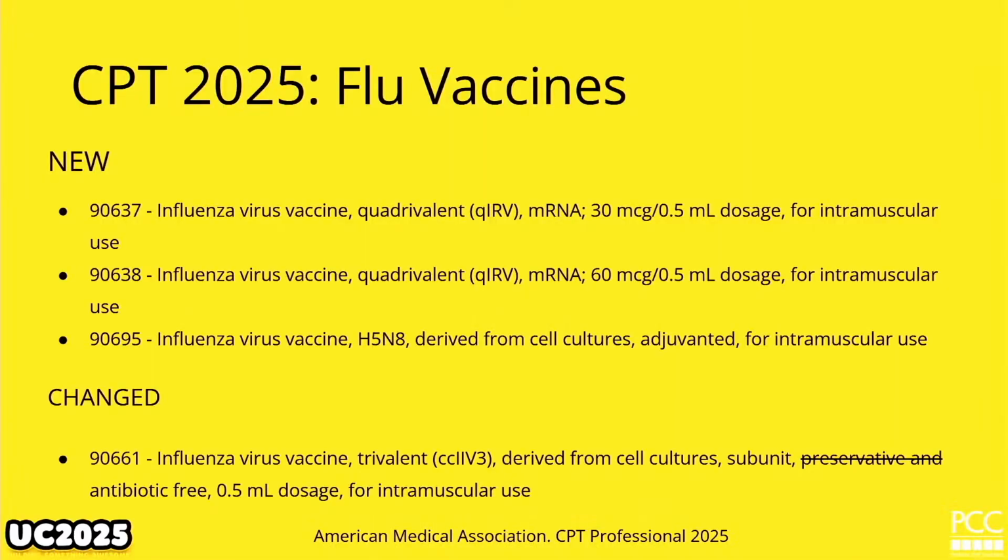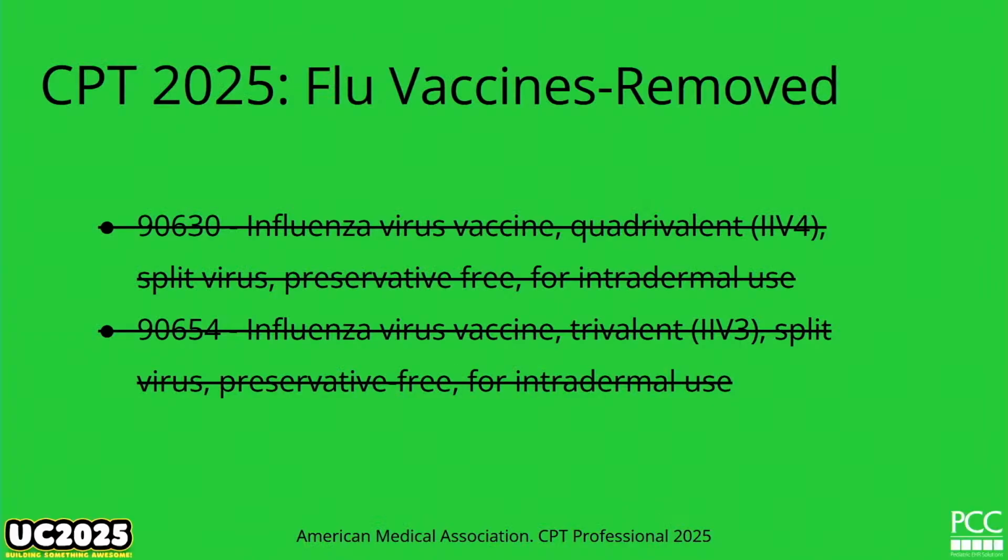New flu vaccines for this year, so we have the 90637, 90638, and 90695. There was a change to the 90661, so they actually struck through the preservative and antibiotic-free, so this particular product right now is only marked as antibiotic-free, not preservative-free as well. We have some older flu vaccines that were removed, so your 90630, your 90654.